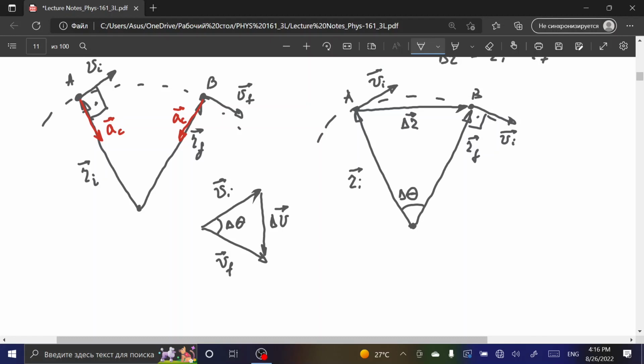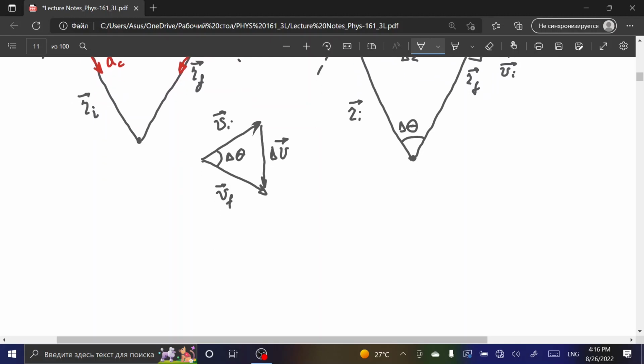It will be equal because these triangles are similar.